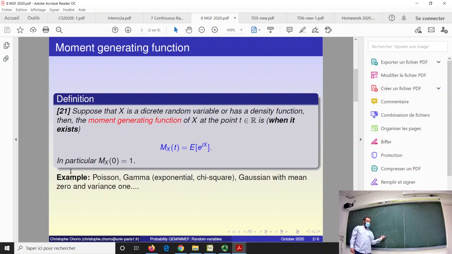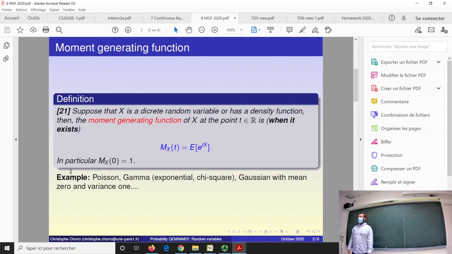It is of the form u times v, so u prime v plus u v prime, with the v that is of the form exponential of something. So u prime is lambda exponential t, times v, that is exponential lambda exponential t minus 1, plus u and v prime that I have already computed here, that is lambda exponential t times exponential lambda exponential t minus 1.